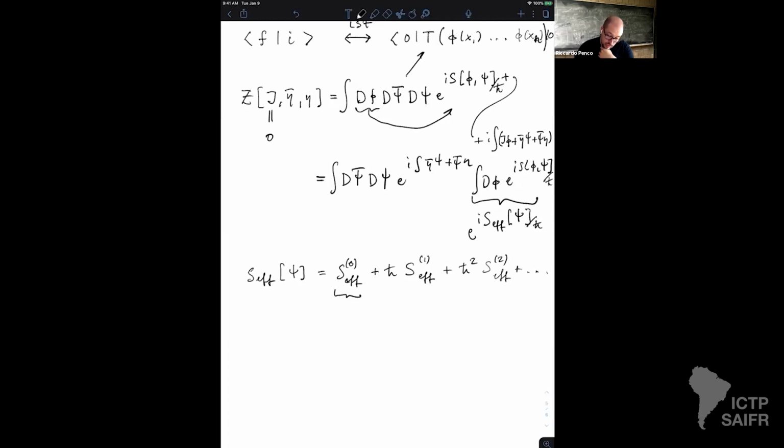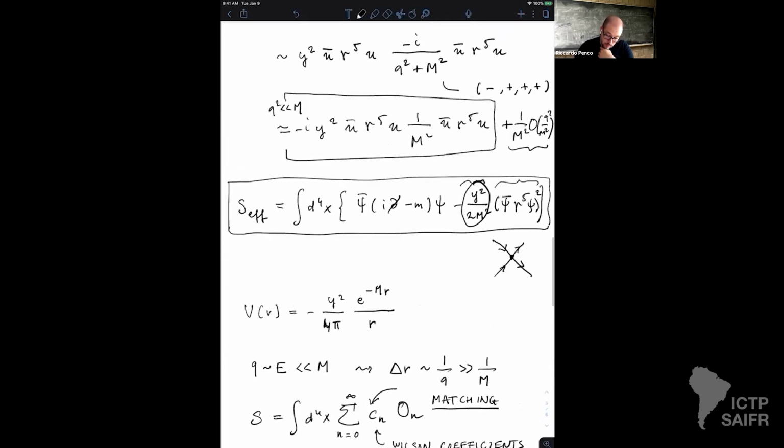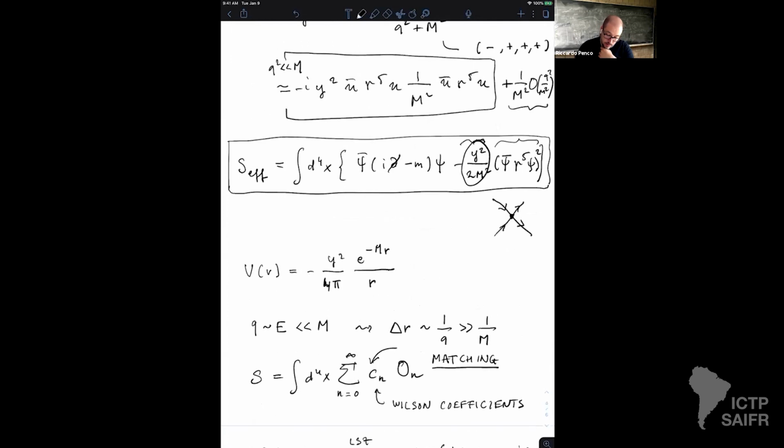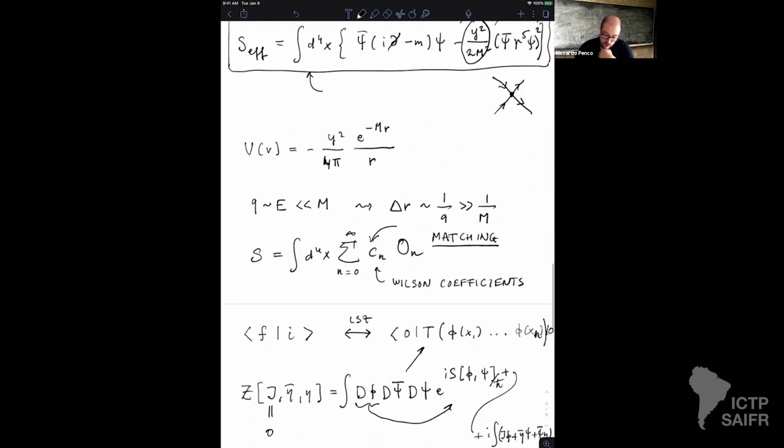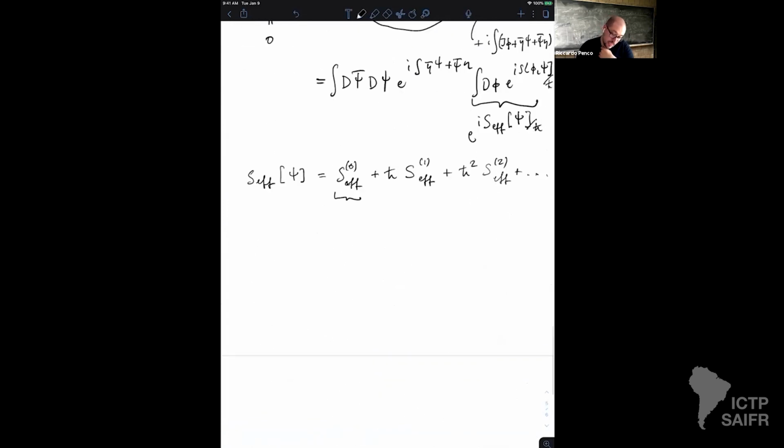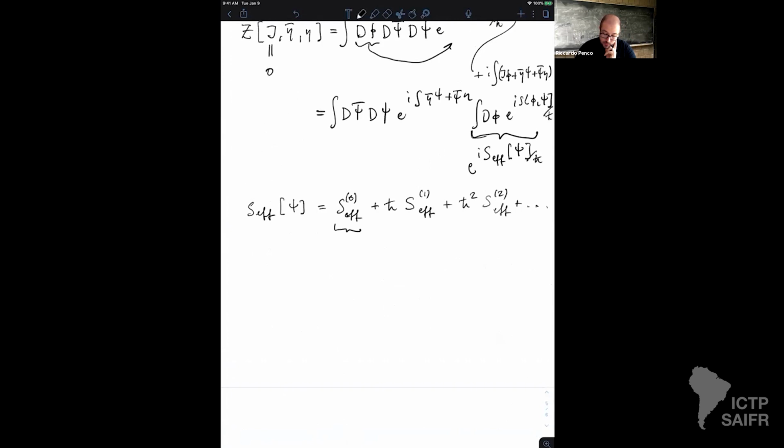And what we considered above here when we wrote this effective action was just a subset of terms that live in so-called S0. So S0 is particularly easy to calculate, actually, because you can obtain it by performing a saddle point approximation of this full integral over phi.